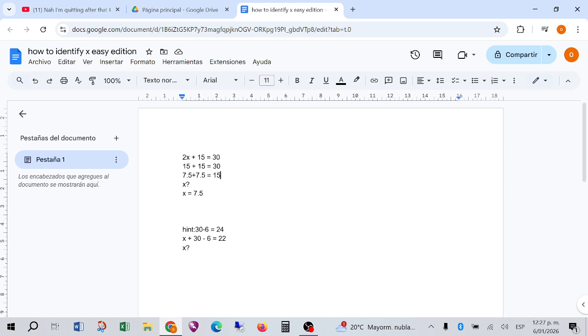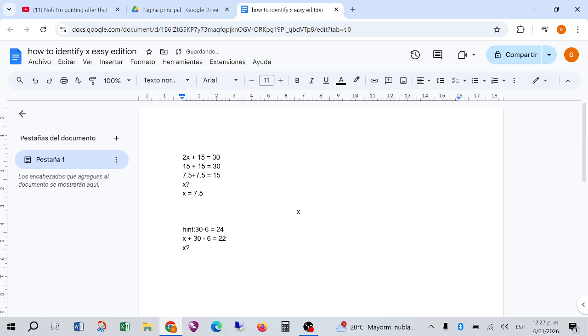But this time there's x, simple x. Basically, we're gonna make a bunch of spaces.